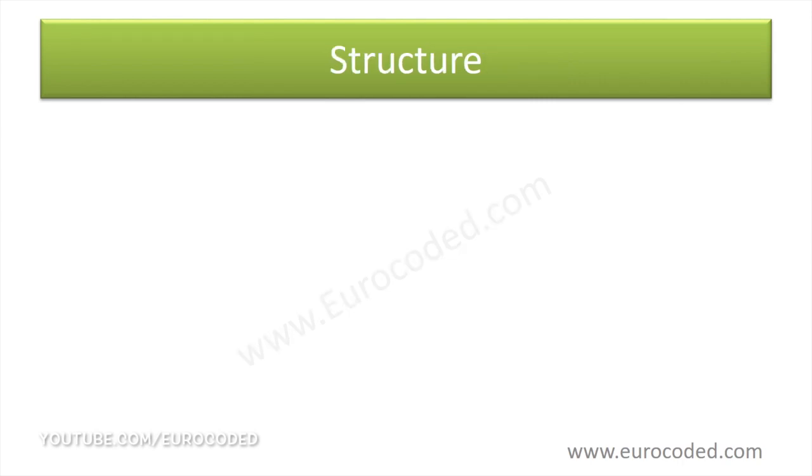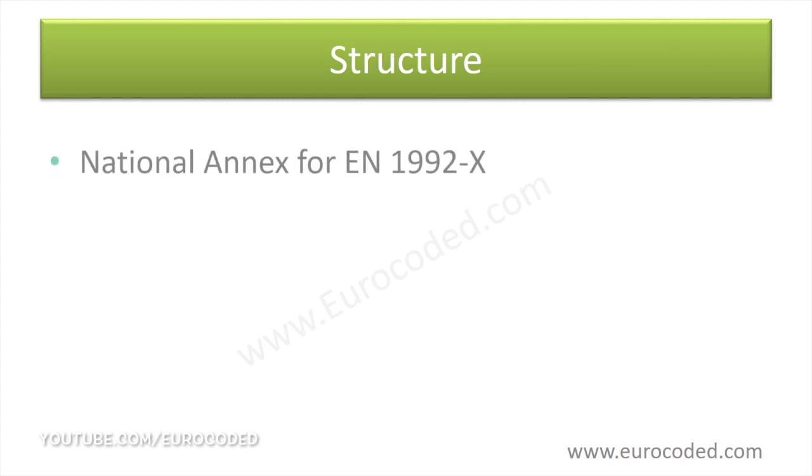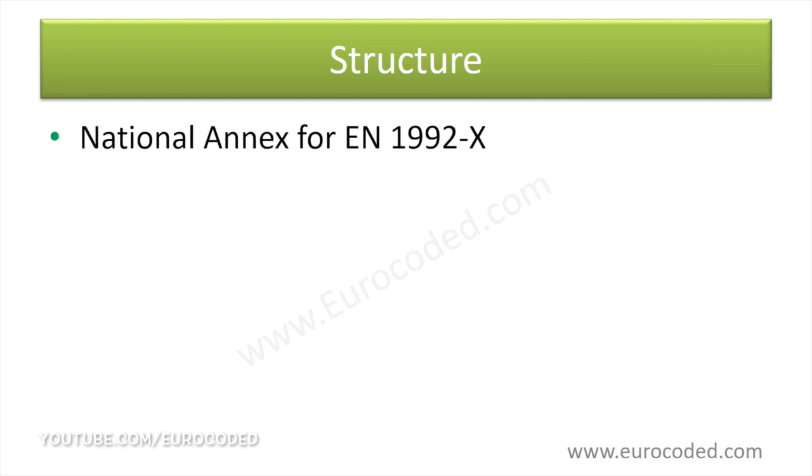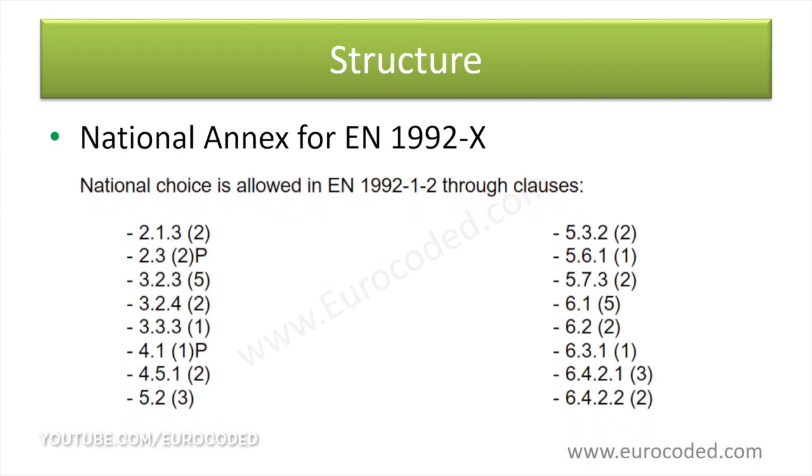If you look further into the structure of the codes, then you can see under National Annex for EN1992, whatever the part you're looking at, there is a list of all the clauses where a national choice is allowed. These choices are defined in the country's national annex, and the national annex may give alternative procedures, values, and recommendations for clauses with notes indicating where national choices may have to be made.